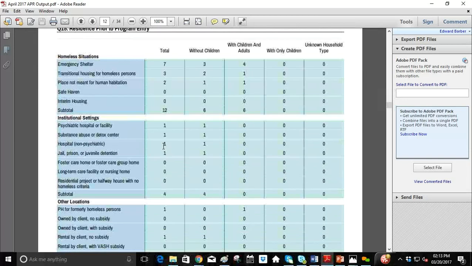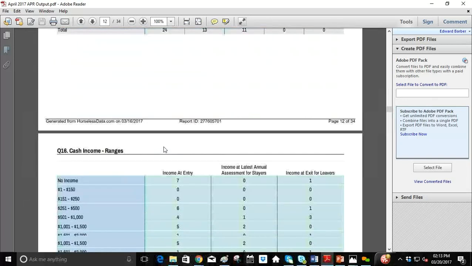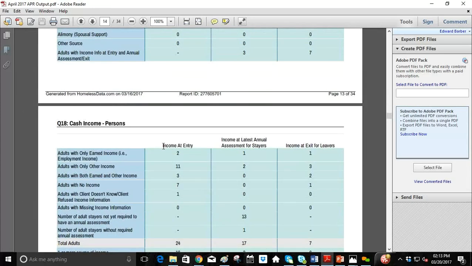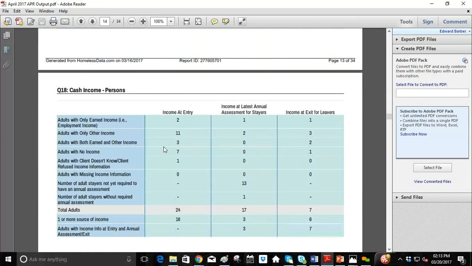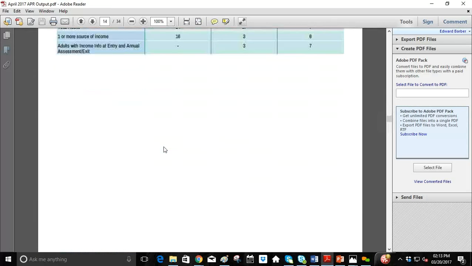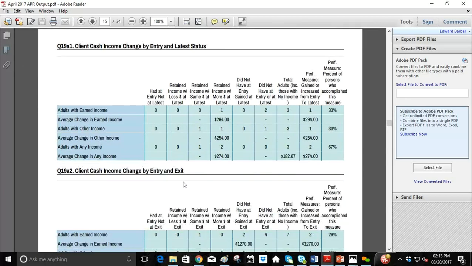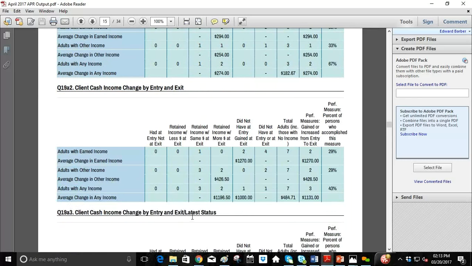And then when we get to question 19, there's some differences there too. We're going to show you the APR data extrapolation and how this gets into Sage in just a minute. But this is the actual output. So 19A1, A2, and A3, we think that these questions now effectively replace the income portion of the performance measures from 29, because you've got entry and latest status, entry and exit, and then entry, exit, latest status.